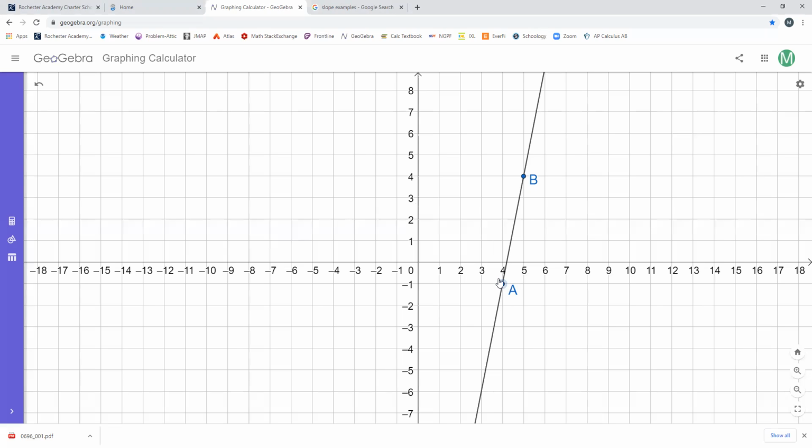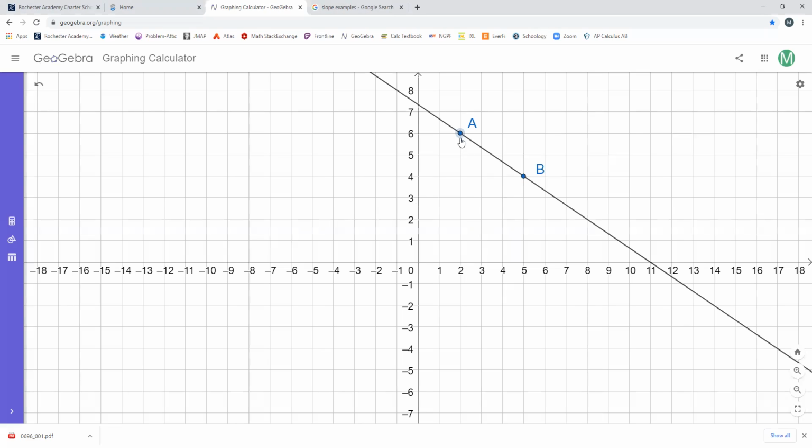One of the things you remember from Algebra 1 is that a line can also have a negative slope. So here's a line that's going down when we move from left to right. We're going to think about this slope as being down 2 and over 3.